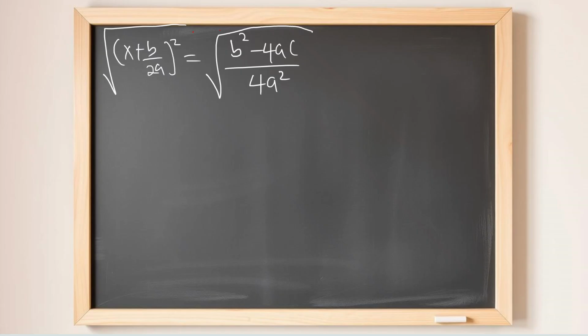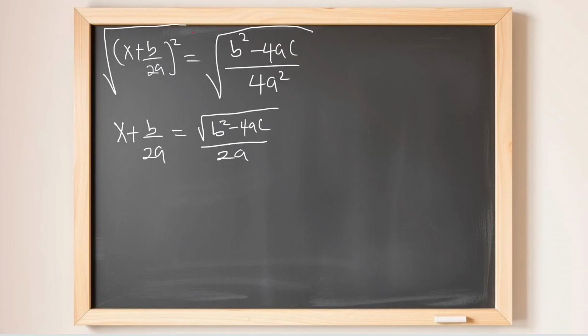If you square root both sides, on the left-hand side, I'm going to have x plus b over 2a. And on the right-hand side, at the top, I'm still going to have b squared minus 4ac. And under, the square root of 4a squared is going to be 2a, because if you square 2a, you have 4a squared, which is inside the square root.